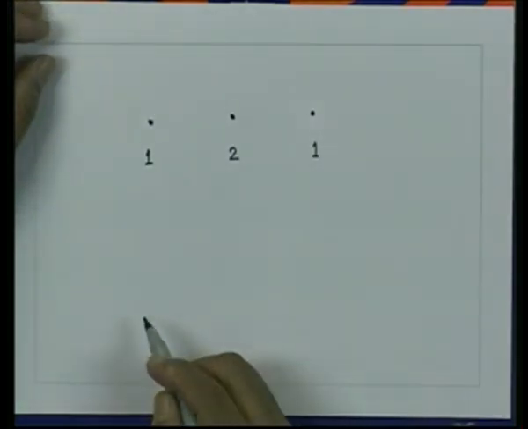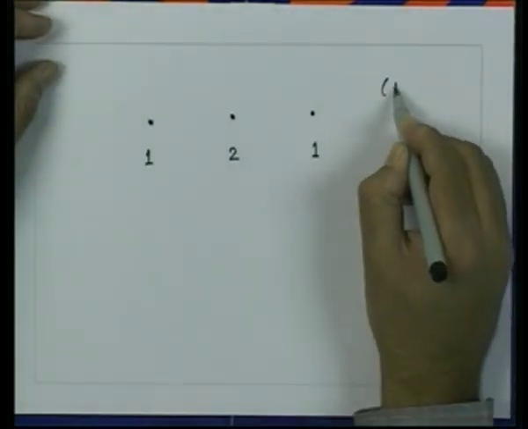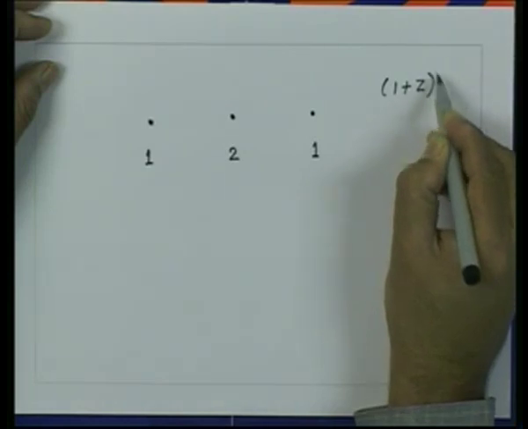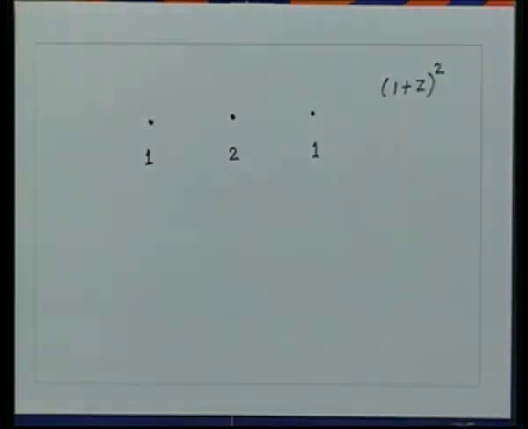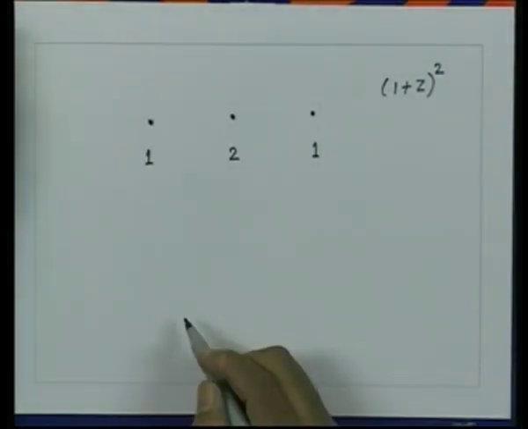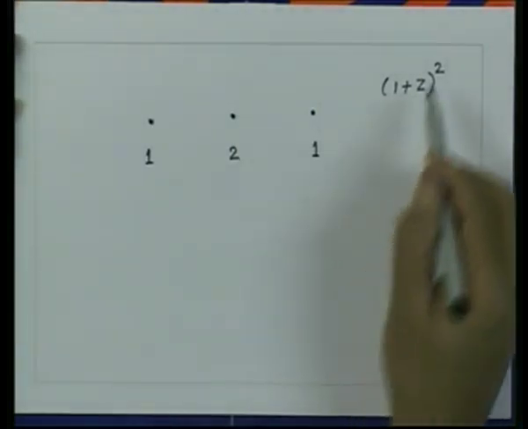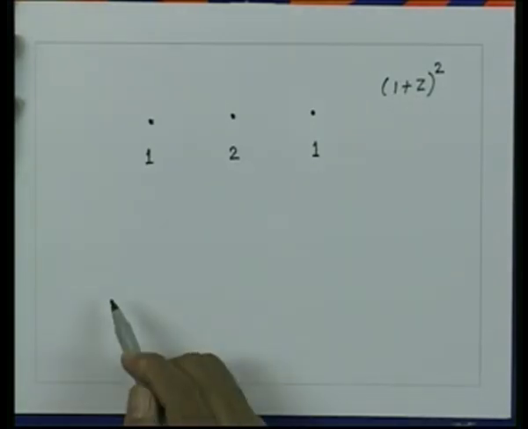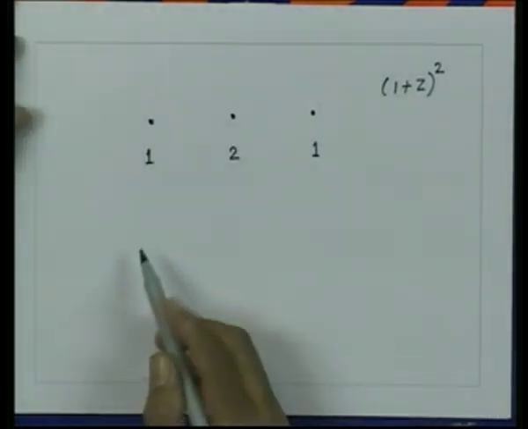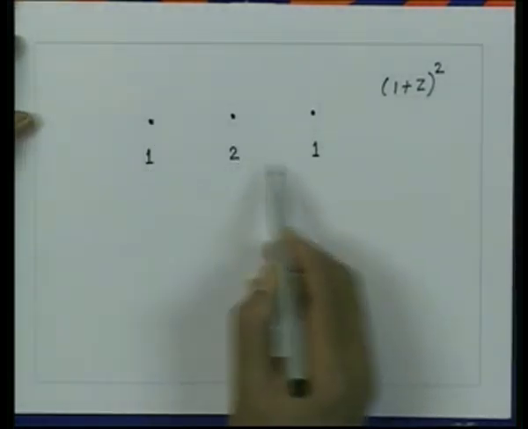These are the binomial coefficients for 1 plus z square. So, if I consider now a radiation pattern which would be given by 1 plus z square, null would correspond to z equal to minus 1, and expansion of this will give me 3 terms. So, you have a 3 element array and the binomial coefficients would be 1, 2 and 1.